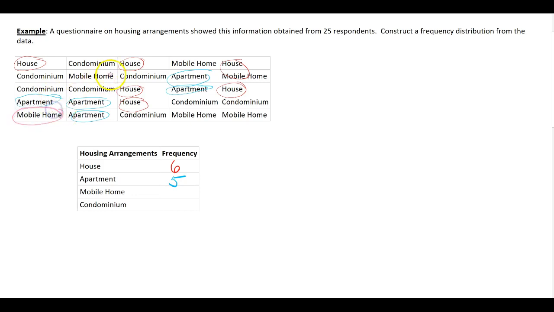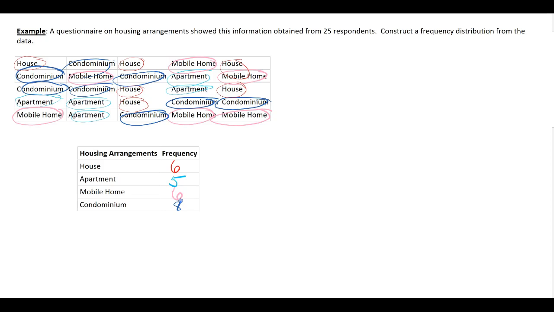So here's 1, 2, 3, 4, 5, 6. So we have 6 mobile homes. And then condominiums, there's 1, 2, 3, 4, 5, 6, 7, 8. So I have 8 condominiums.